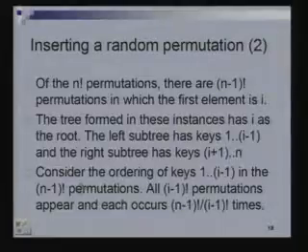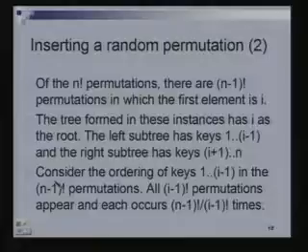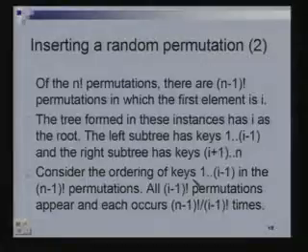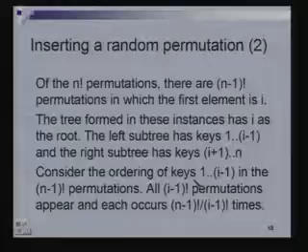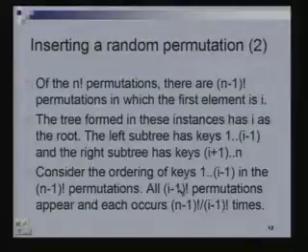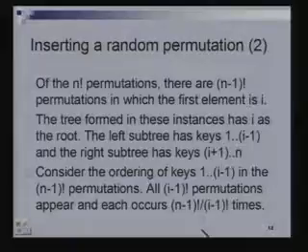There are n minus 1 factorial permutations in all, and there are i minus 1 factorial permutations of the elements 1 through i minus 1. There is no reason why one of these permutations will occur more often than the other, so each of them is occurring equally likely. So, how many times is each one of them occurring? n minus 1 factorial over i minus 1 factorial times.